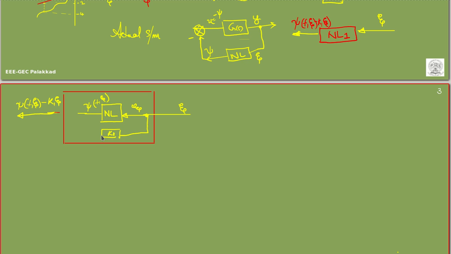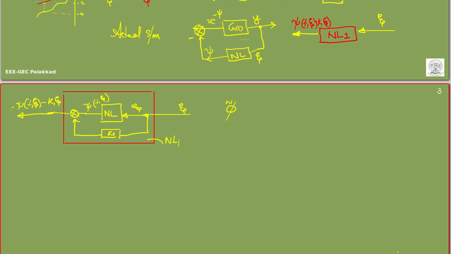I put a k1 here and subtract it, so the output is phi of t comma zeta minus k1 into zeta. I get this new nonlinearity NL1.